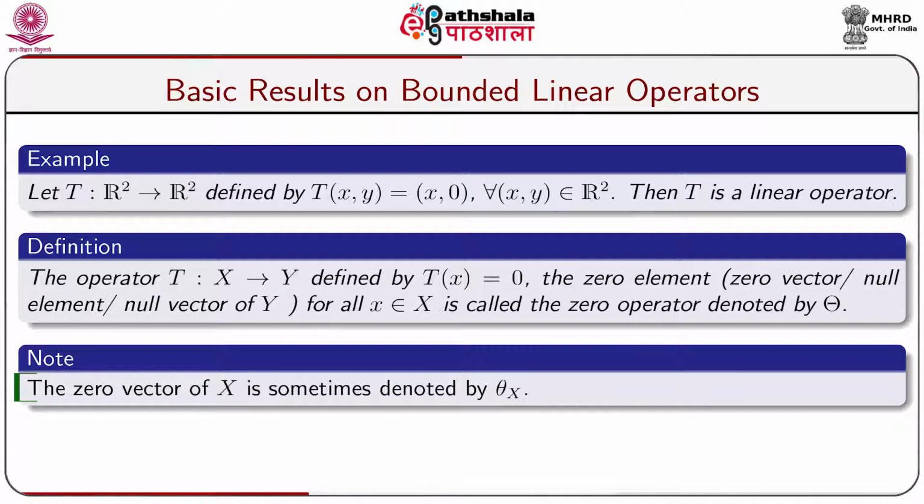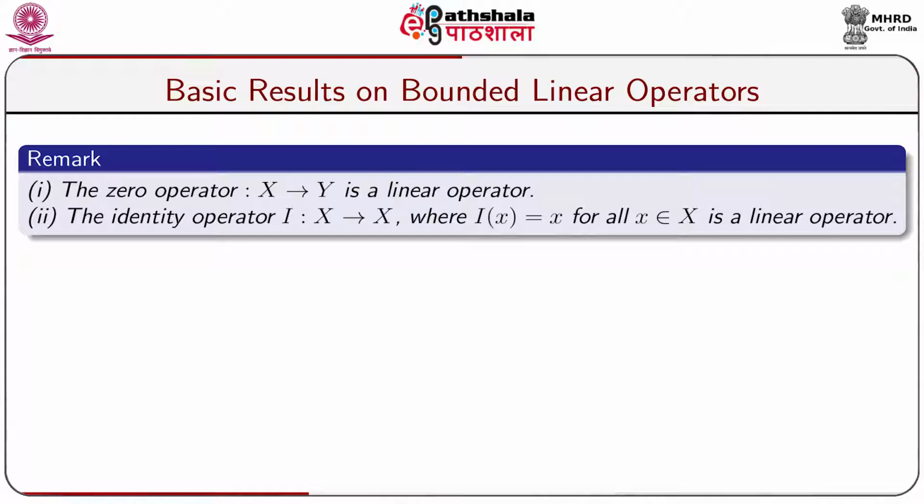The 0 vector of capital X is sometimes denoted by theta subscript capital X. The 0 operator from X to Y is always a linear operator. The identity operator, that is the self mapping I from X to X, where I x is equal to x for all x belonging to capital X, is a linear operator.